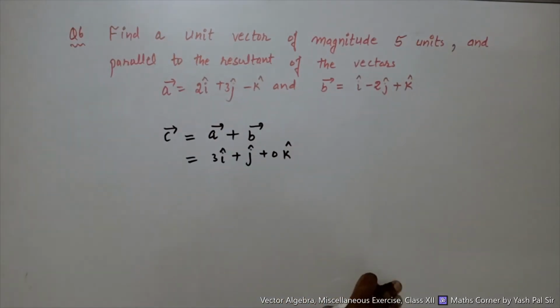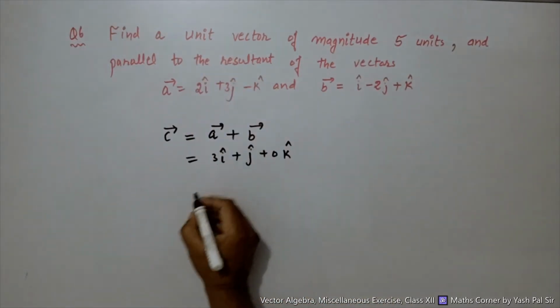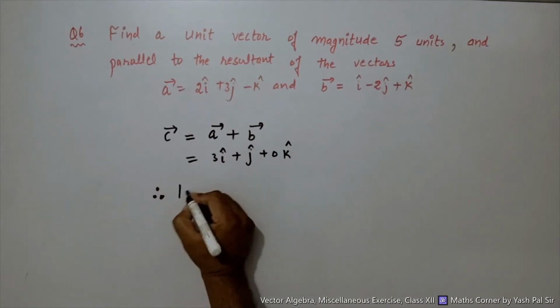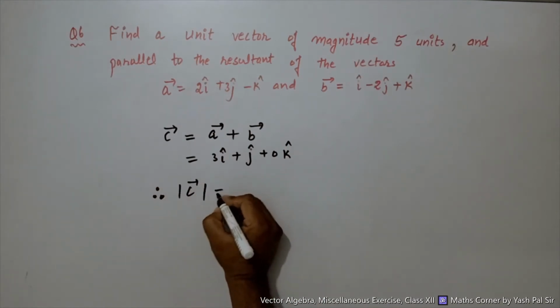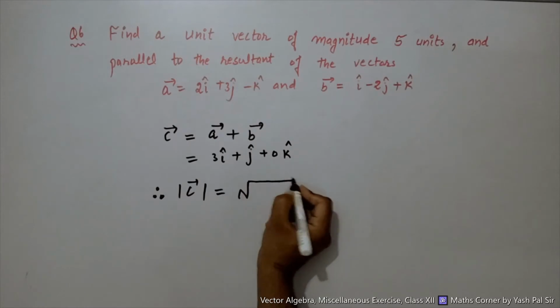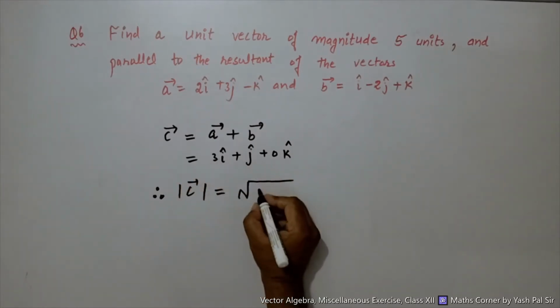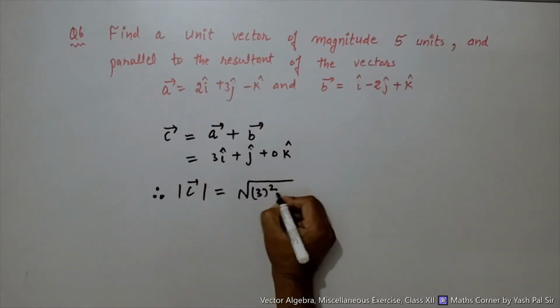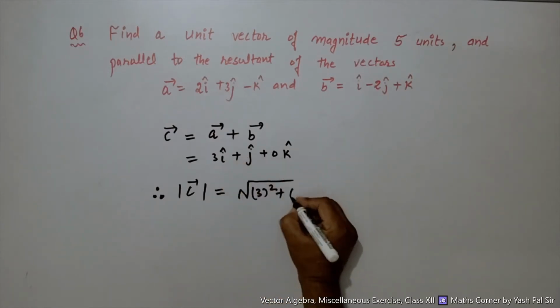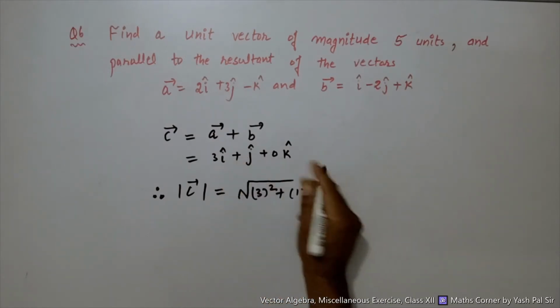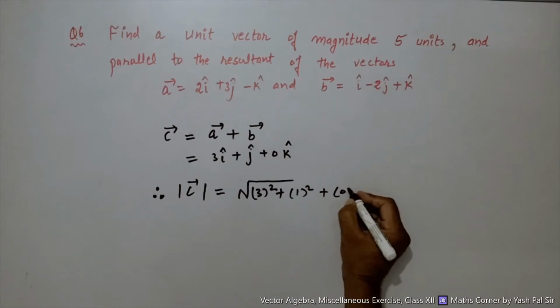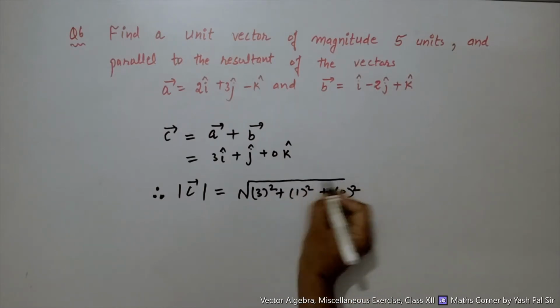Right? So in order to find the unit vector, we have to find the magnitude of this vector, which is equal to square root of i coefficient 3 whole square, plus j coefficient 1 whole square, plus k coefficient 0 whole square.